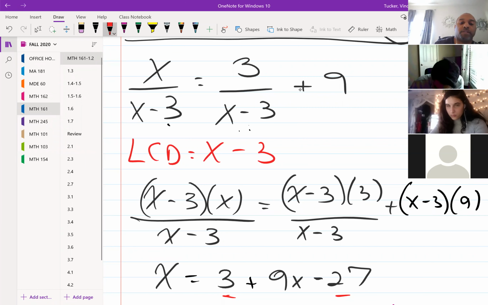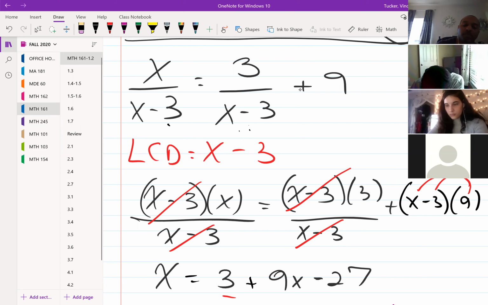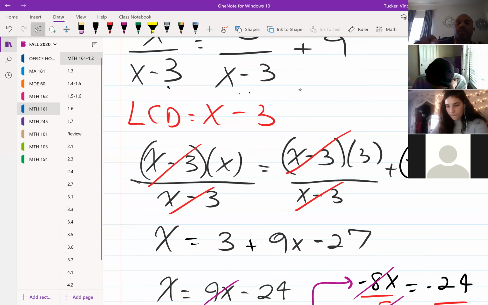All right, x minus 3's cancel, x minus 3's cancel, and then what we're going to do is distribute this 9 into the parentheses. So that'll leave us with just x in the first expression, then 3 from the second expression.